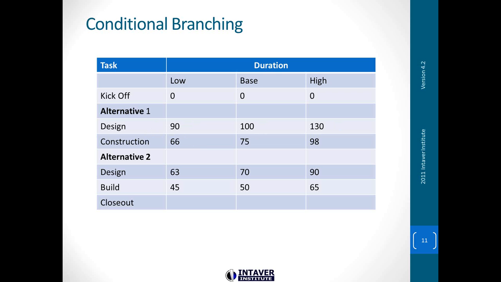It's a new design, maybe new technology, so it's taking longer. At the base, we think it's going to take 30 more working days. We've got some uncertainties around it, and most likely it's 100. But if it goes over 110 days, that means we're going to switch to design B and go down to the construction phase in alternative 2.